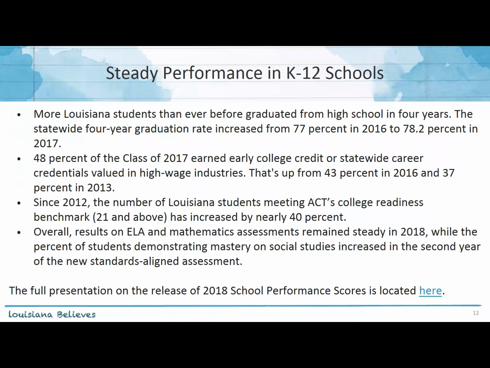A few things to note are that more Louisiana students than ever before graduated from high school in 4 years. The statewide 4-year graduation rate increased from 77% to 78.2%. Also, the number of Louisiana students meeting ACT's college readiness benchmark has increased by nearly 40% since 2012.